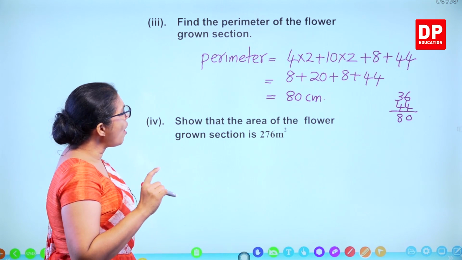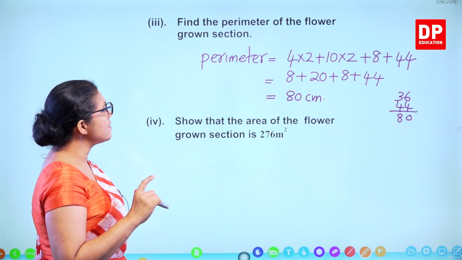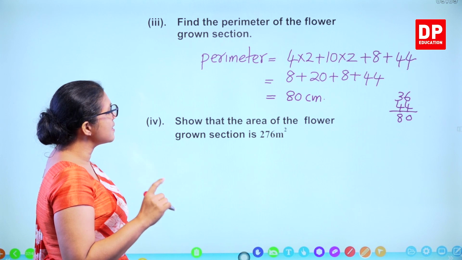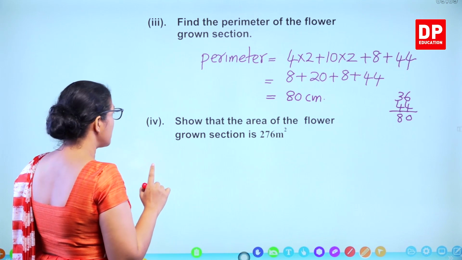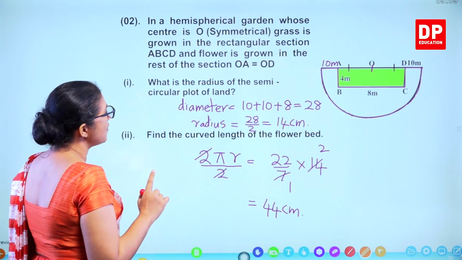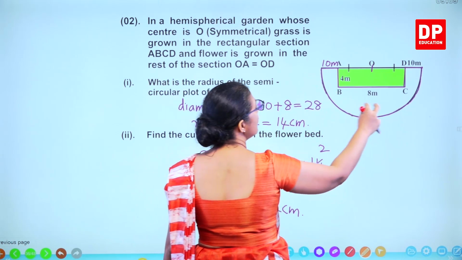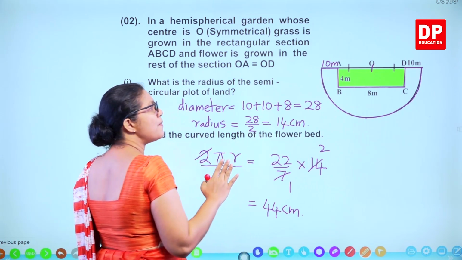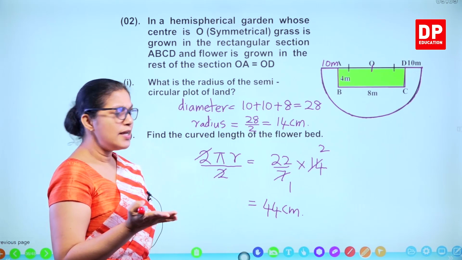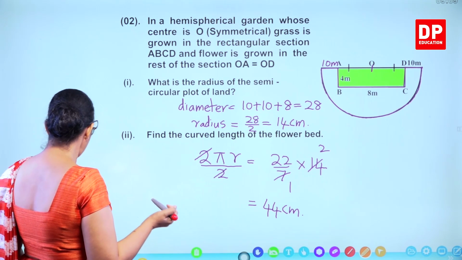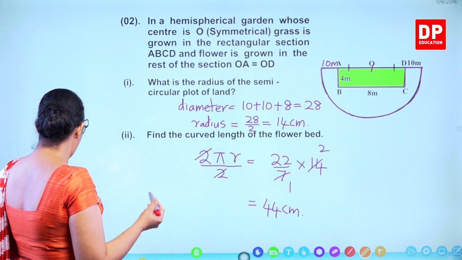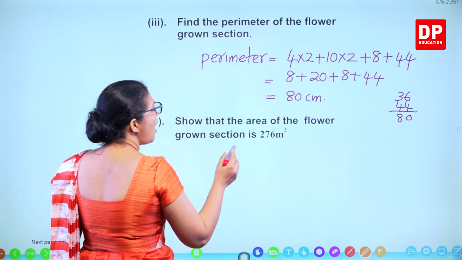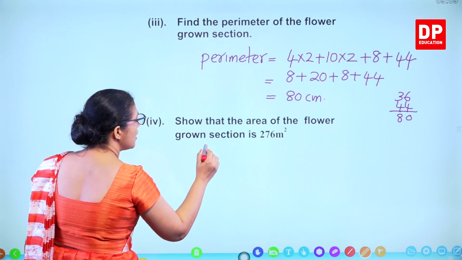Show that the area of the flower grown section is 276 square meters. So how do we find this area? Area of the hemisphere minus the area of the rectangle. So we'll first find the area of the hemisphere.